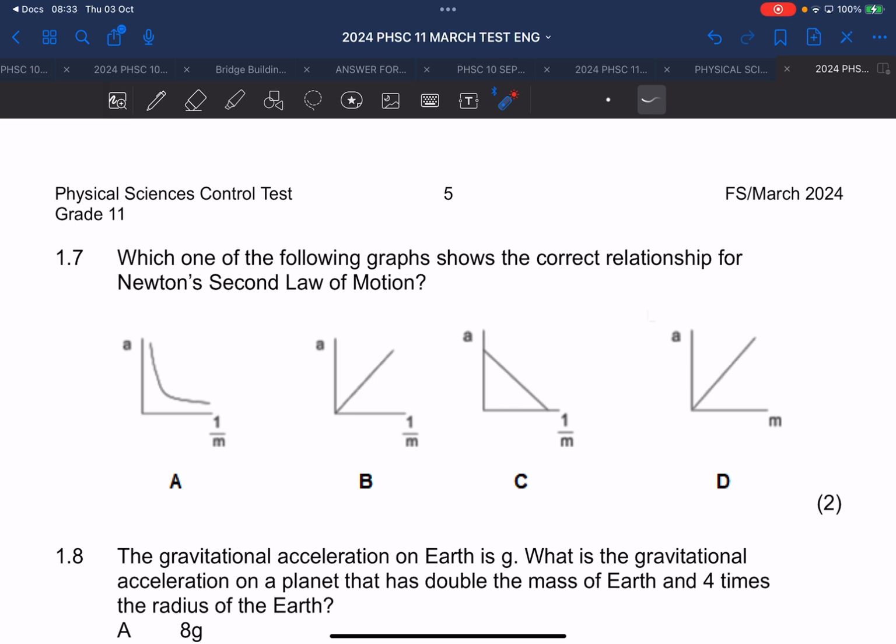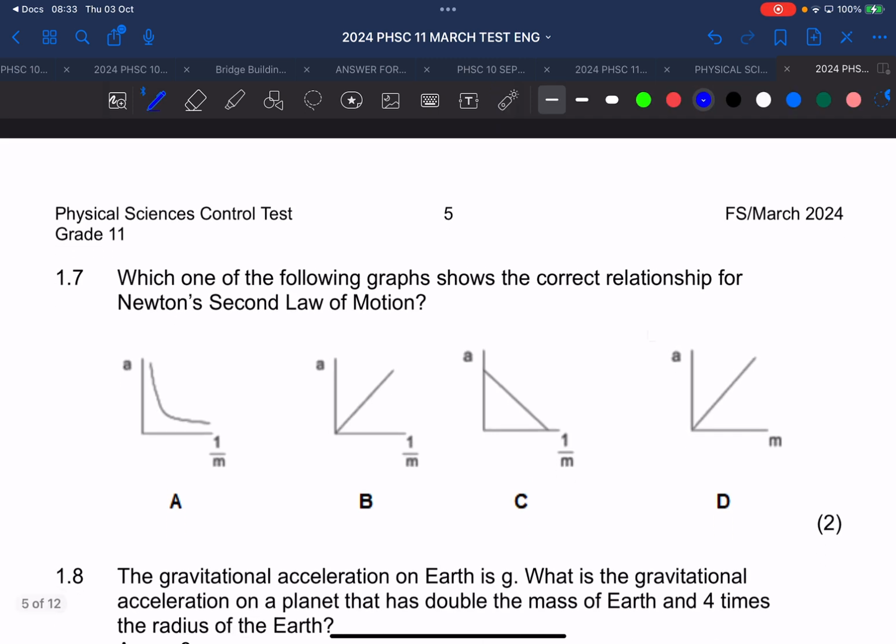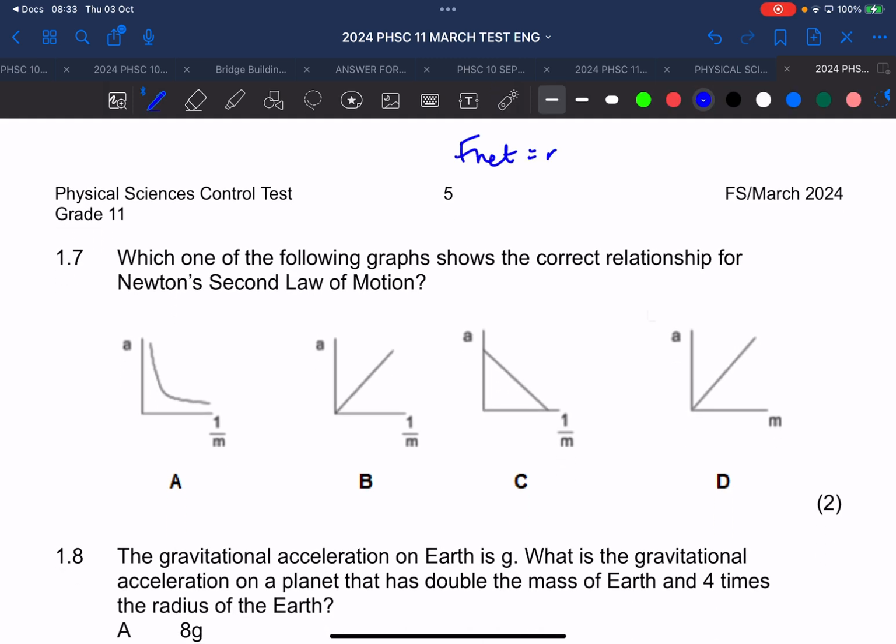Relay, it's your turn. Say Newton's second law again, but just the second part. Acceleration is directly proportional to the force and inversely proportional to the mass of the object. Okay, so they say acceleration is inversely proportional to the mass of the object. Yes?